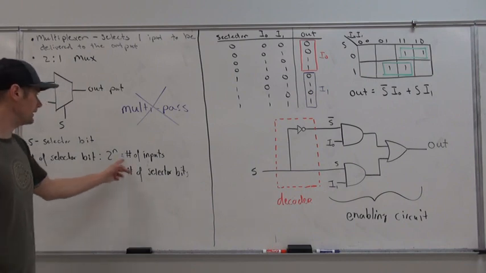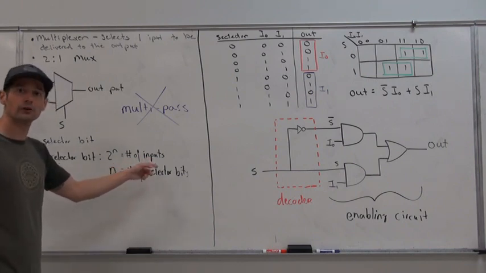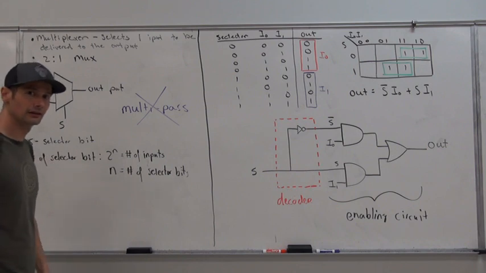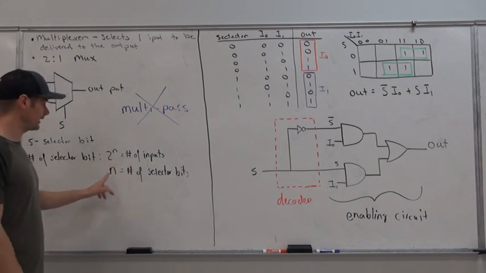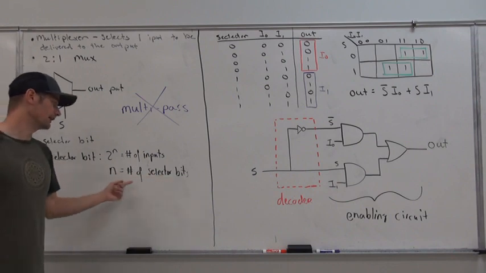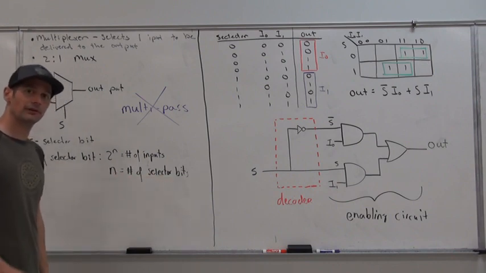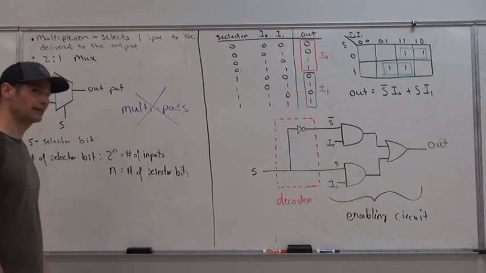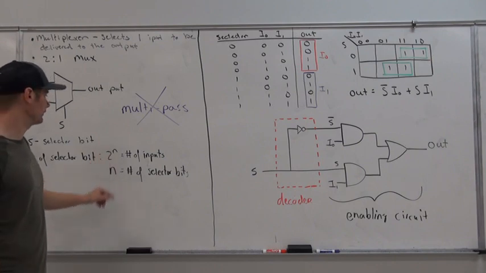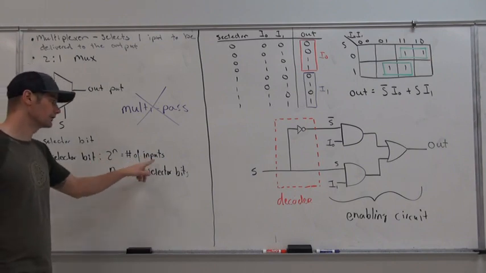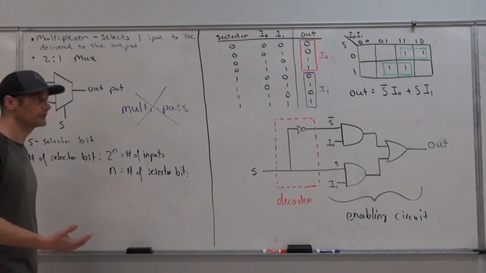In this case, we have 2 inputs that we're going to select from. So n equals 1 is the number of selector bits, since 2 to the first is equal to 2, which is our number of inputs.